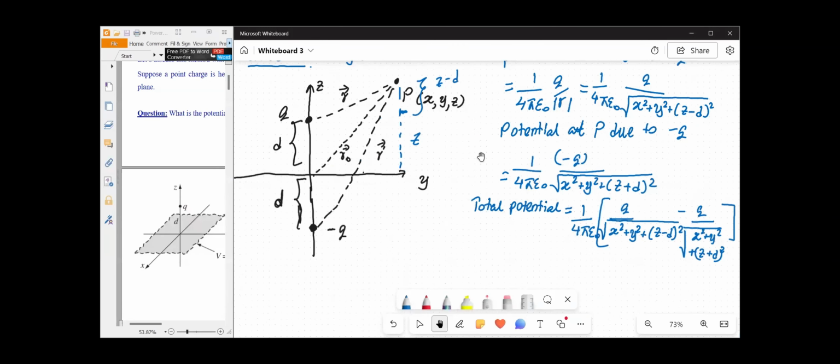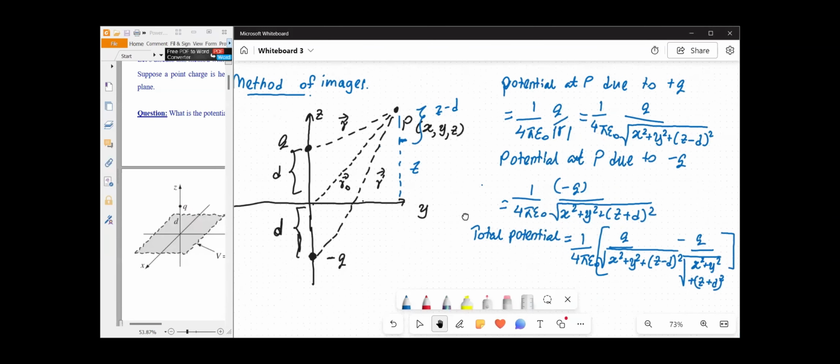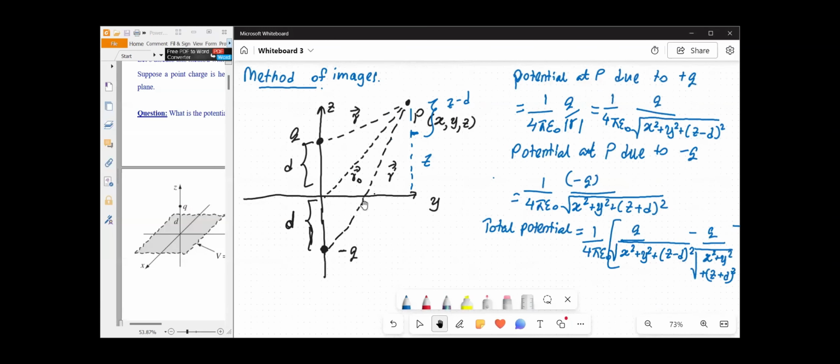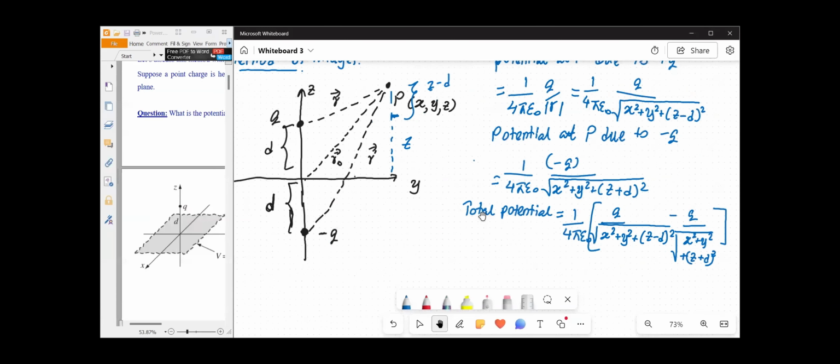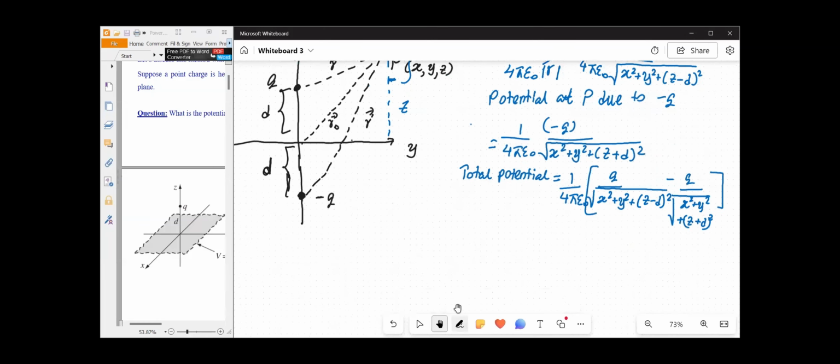Now let's say this xy plane is a conducting plane, and we will calculate the potential. With this situation, we know what the potential is. And if I consider this xy plane to be a conducting plane, let's calculate the charge density.